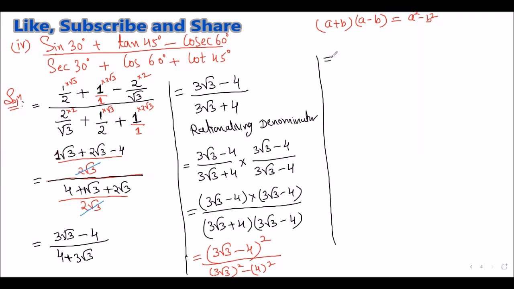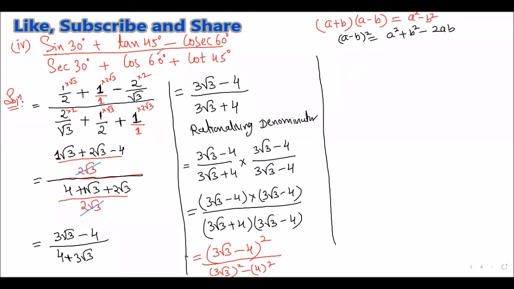3 root 3 minus 4 whole square, how to simplify this? a minus b whole square is equal to a square plus b square minus 2ab. That is the way you have to solve this question.